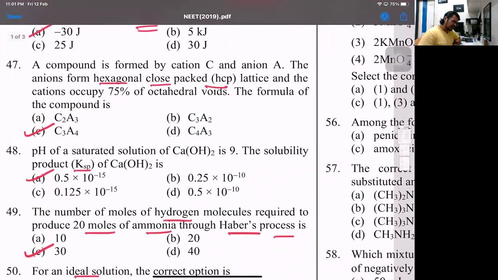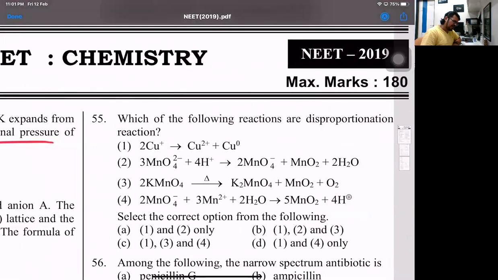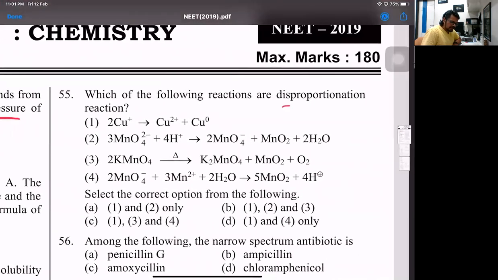Then next one, 55, which of the following reactions are disproportionation reactions? Disproportionation is simultaneous oxidation and reduction of the same species. So if you observe, in the 55th one that's only option A, because here +1 becomes +2 and 0, and MnO4 2 minus, that's +6, becomes +7 and +4. Rest of them, it is not the same species.